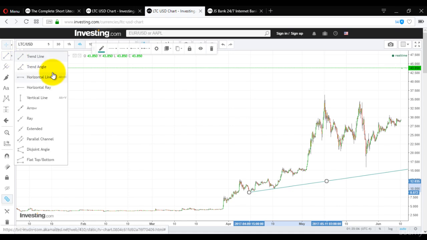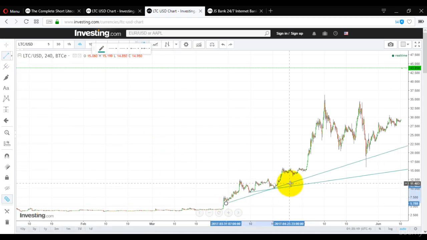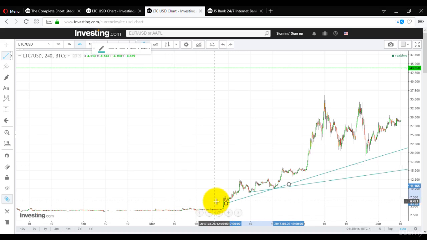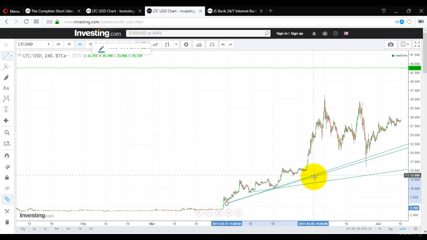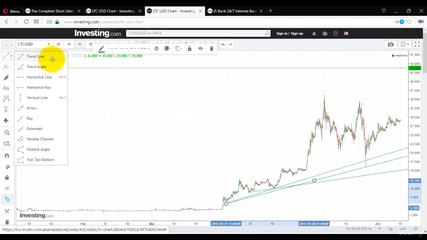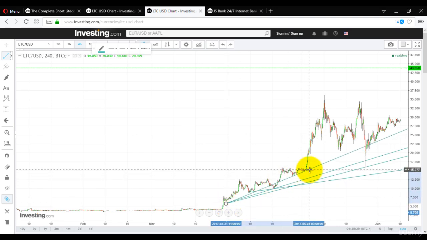This is the first line. As this is a 4-hourly chart, we will be making many lines. This is the second line. Then again, this is the third line. Then again, this is the fourth line.